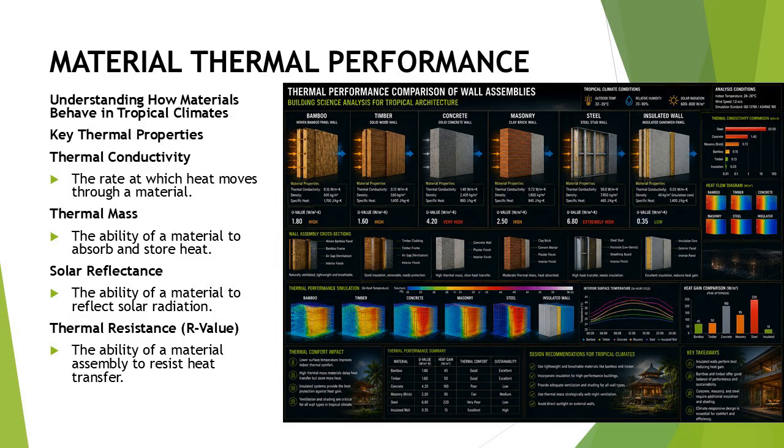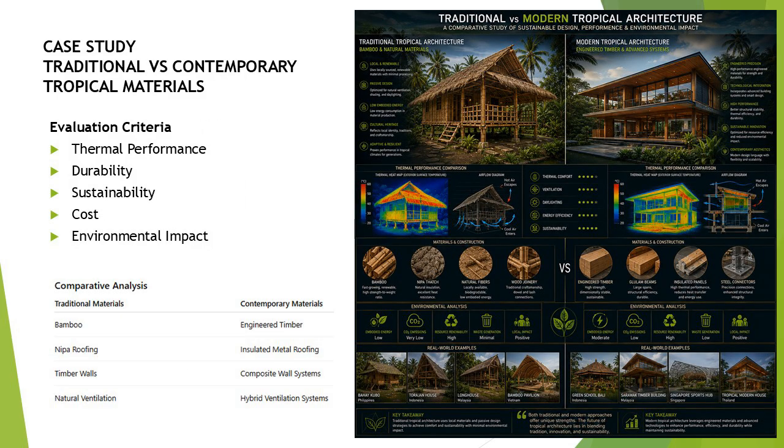The most beautiful material may perform poorly in tropical conditions, and the most successful architects and designers understand both aesthetic and environmental performance. One of the most common misunderstandings among architects is the belief that modern materials are automatically superior to traditional materials.